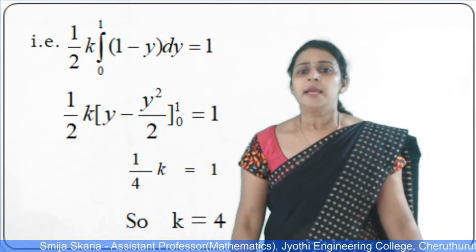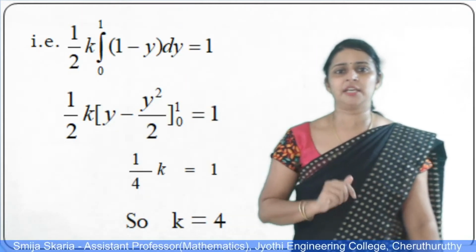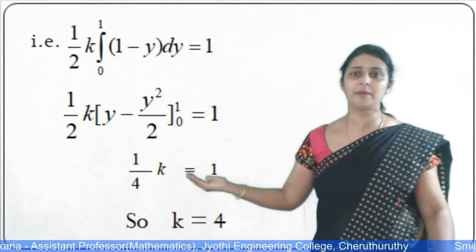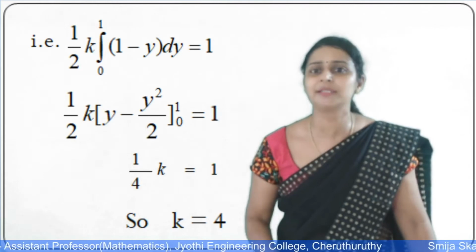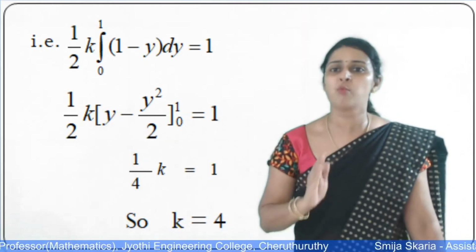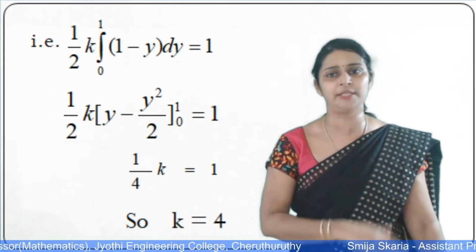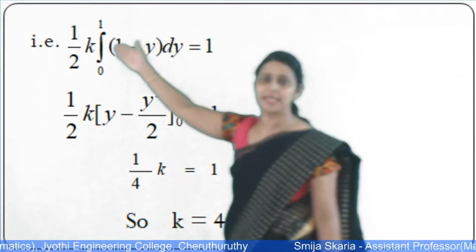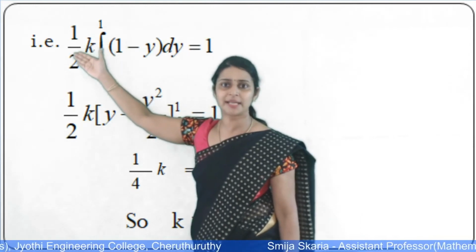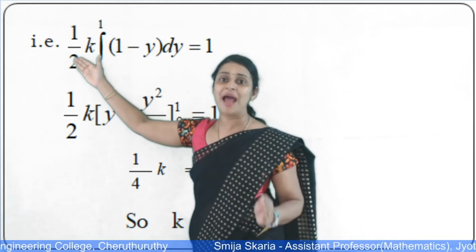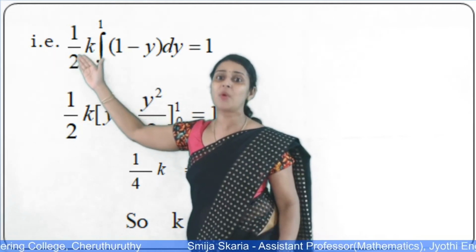Now we apply the integral of 1 minus x. We know the integral of 1 minus x is x minus x square by 2. When we apply the limit 0 to 1, we get 1 minus 1 by 2, which is equal to 1 by 2. So in the next step, we take that 1 by 2 outside the integral. This is the value we get after evaluating the integral with respect to x.